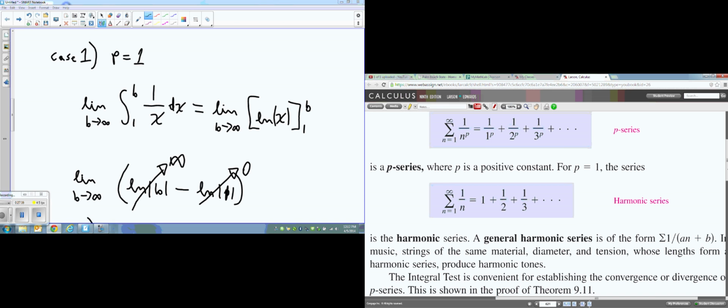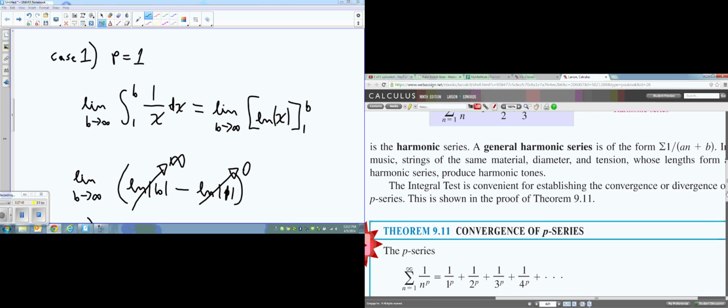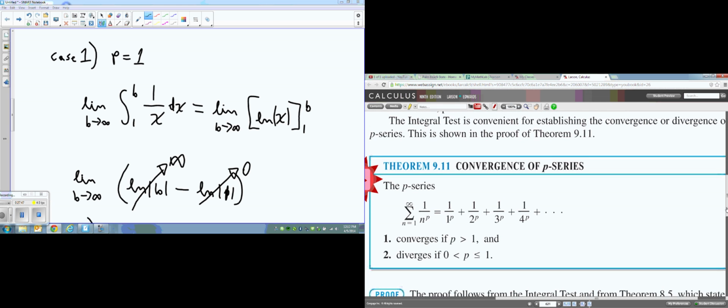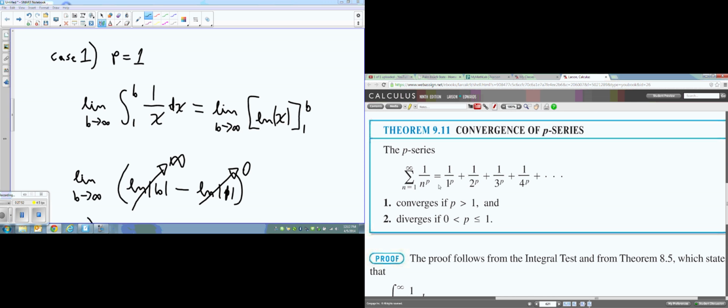And let's see. That is theorem 9.11 now. Theorem 9.11, the p series. So it says if you have a p series, this is how you know if it converges. A p series converges if p is greater than 1 and diverges if p is a number between 0 and 1, including 1.